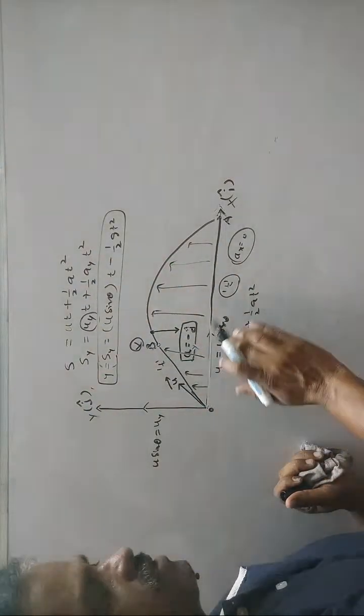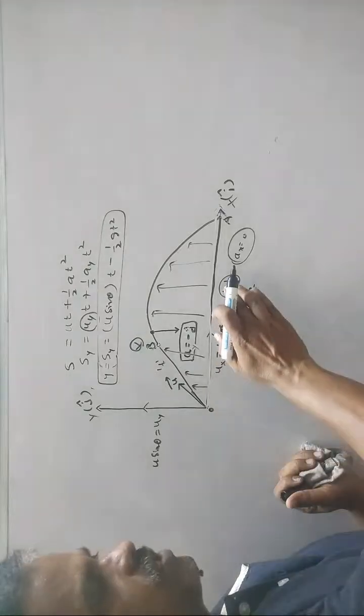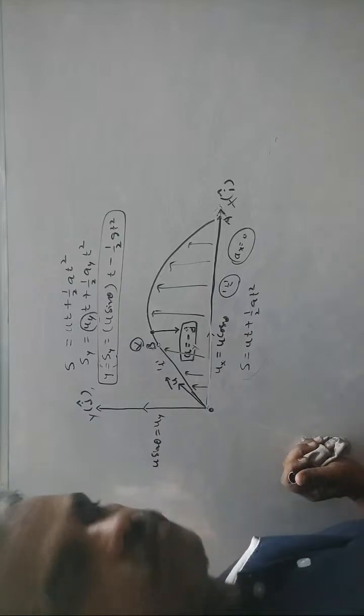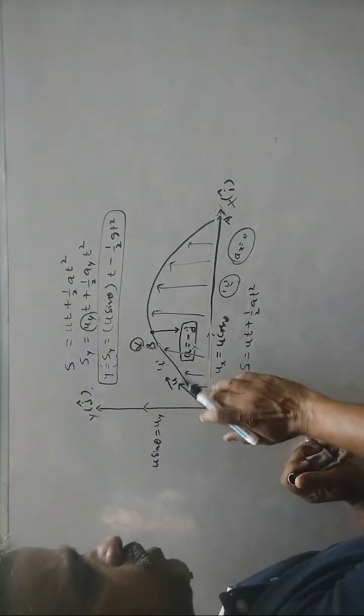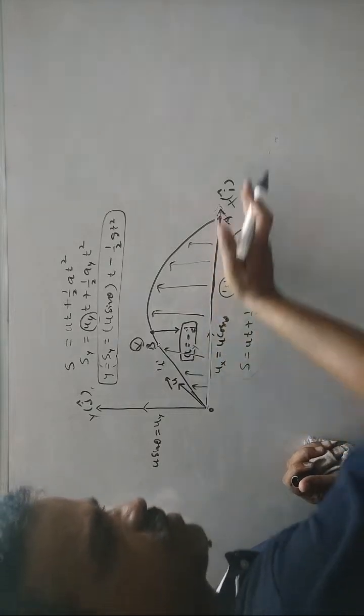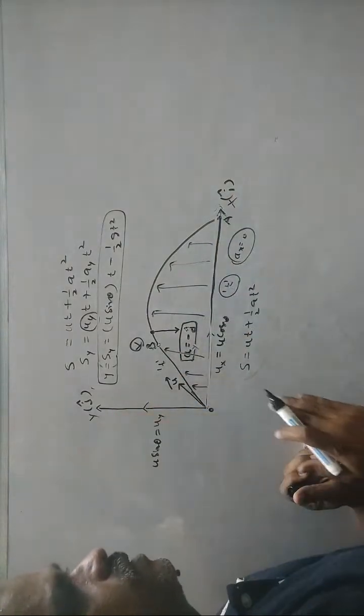Already we calculated Sx, that is u cos theta into t, along the x-axis. Displacement is also a vector, so we can split it into two components, along the horizontal and along the vertical direction.